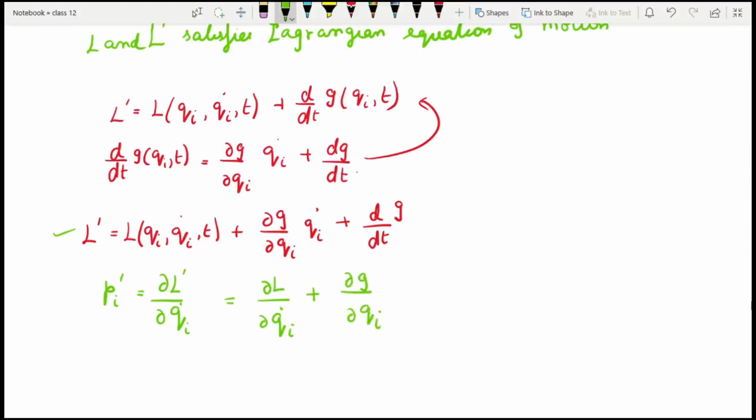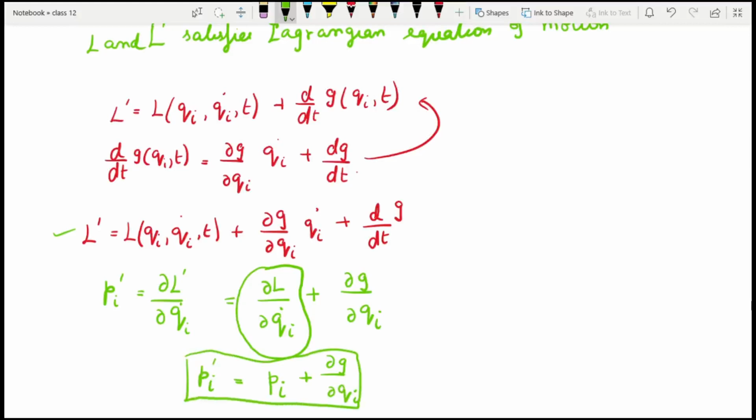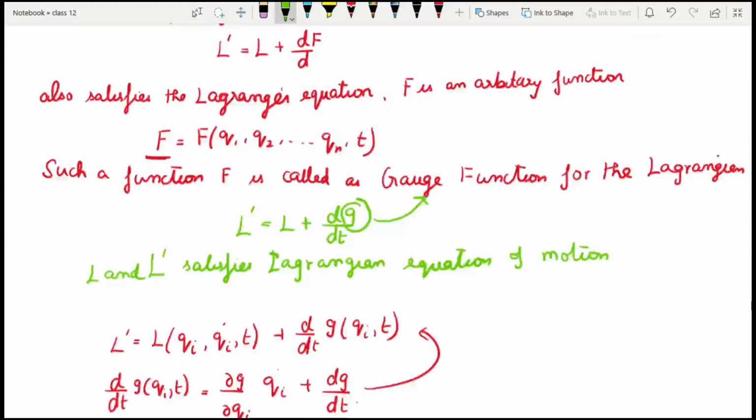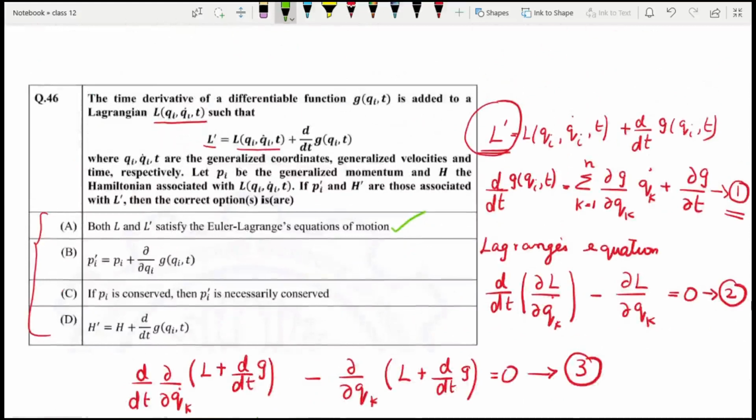Now this is nothing but the generalized momentum of the Lagrangian L. So we can write it as pi plus dou g divided by dou qi. That is, the generalized momentum of the new Lagrangian L prime is given by this equation. Now if you see the option, this option is a correct one. This is what we obtain now.